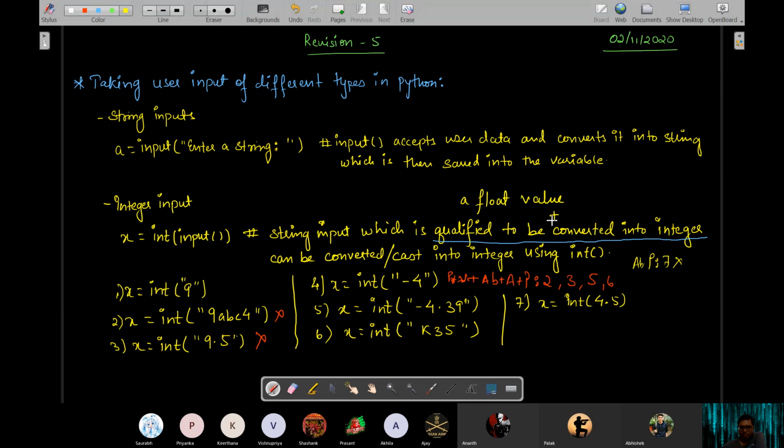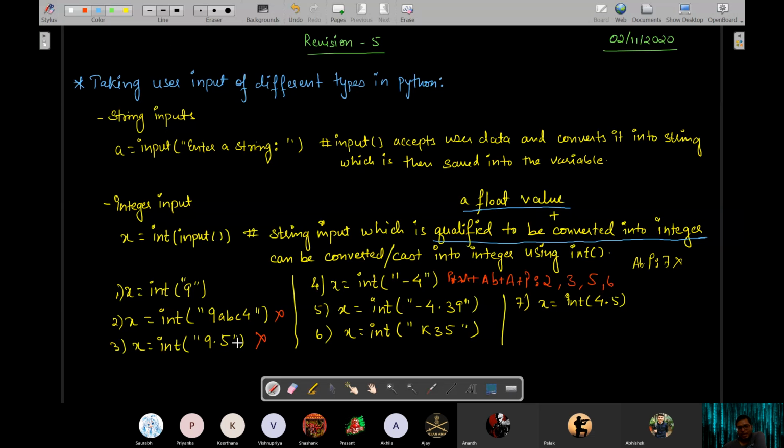Okay. So if these two criteria are fulfilled, that is, the argument of the int function that you provide inside the parenthesis is a string which is qualified to become an integer, or a float value. String के अंदर में if you give float value then it won't work.